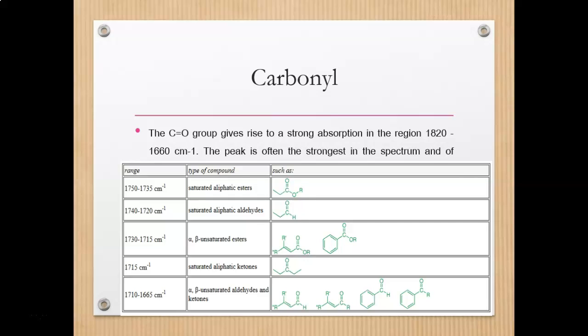Carbonyl has CO. CO sama lah, kalau you have a structure of carboxylic acid, you can determine the carbonyl group. Give rise to a strong absorption in the region 1820 to 1660. The peak is often the strongest in the spectrum. Okay.